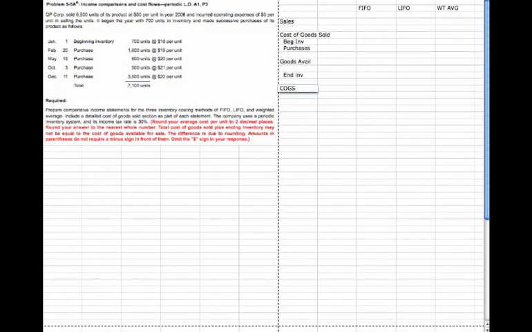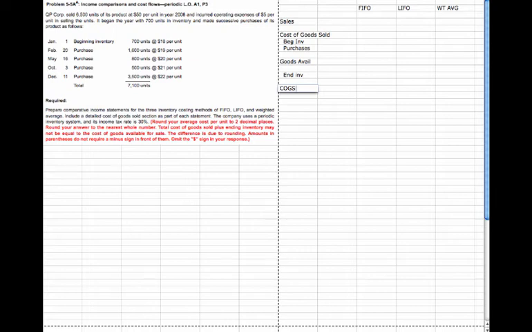Alright, our next problem has to do with, once again, doing a comparison between FIFO, LIFO, and weighted average, but this time we're going to use the periodic inventory method. Now in this particular problem, what they tell us here is that QP Corp sells 6,500 units of its product at $50 per unit in the year 2008 and incurs operating expenses of $5 per unit in selling the units.